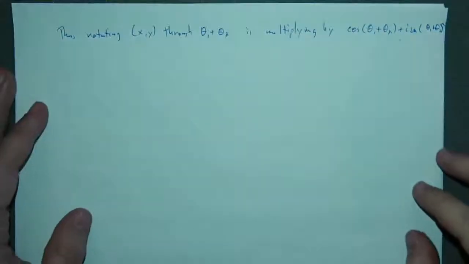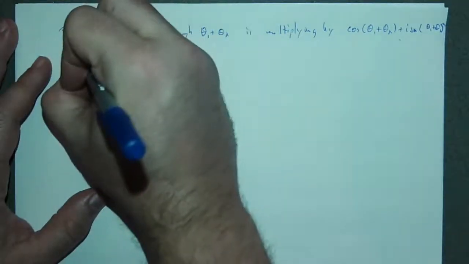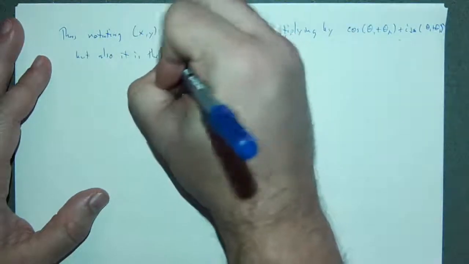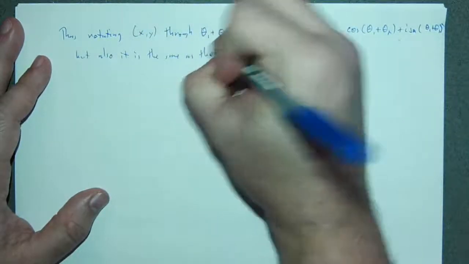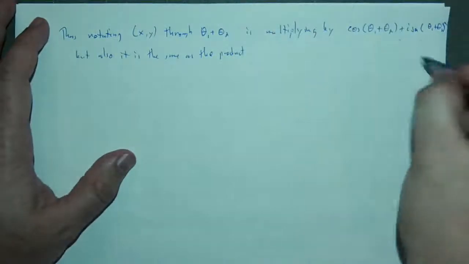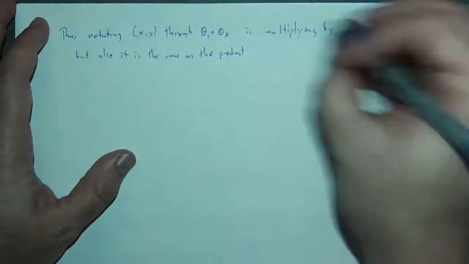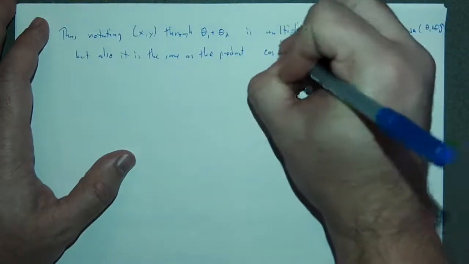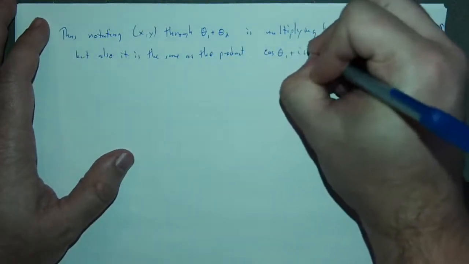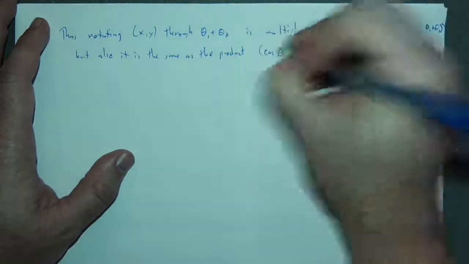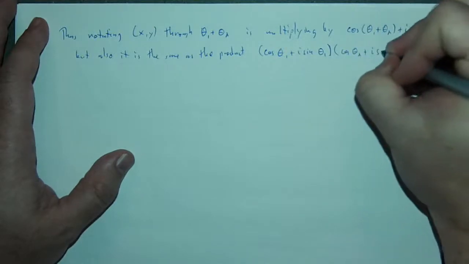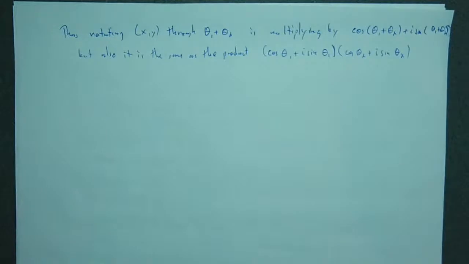Okay. But also, it is the same as the product, so whatever this effect is, the same as the product cosine theta sub 1 plus I sine theta sub 1 times cosine theta sub 2 plus I sine theta sub 2. Why?